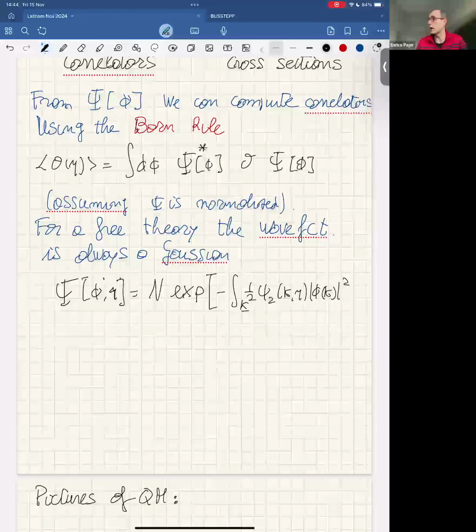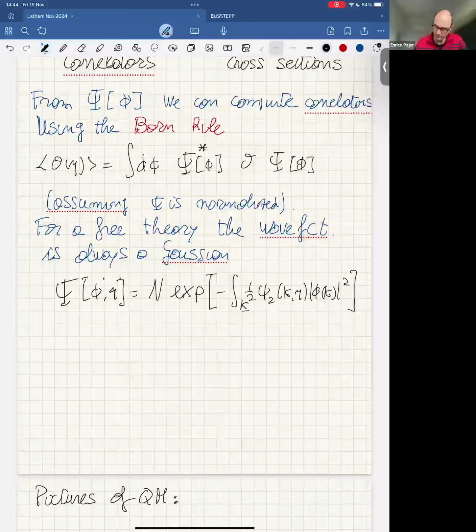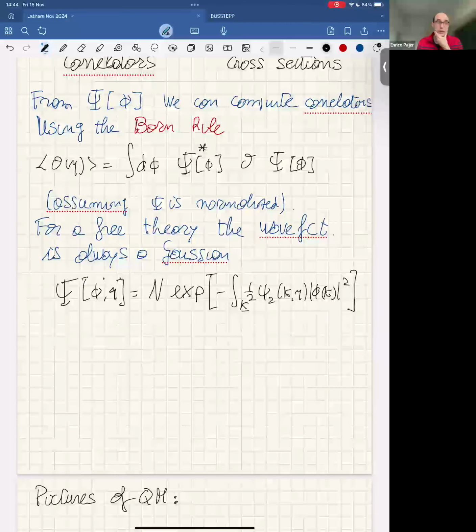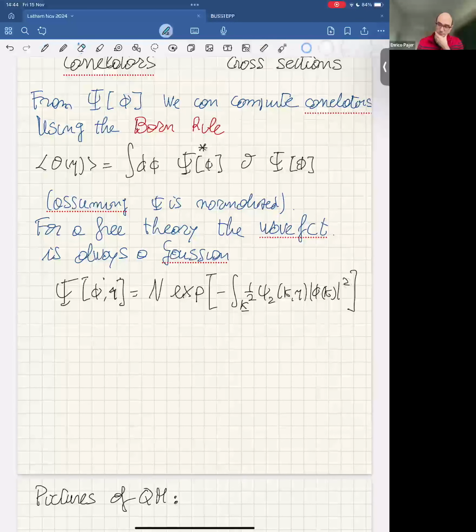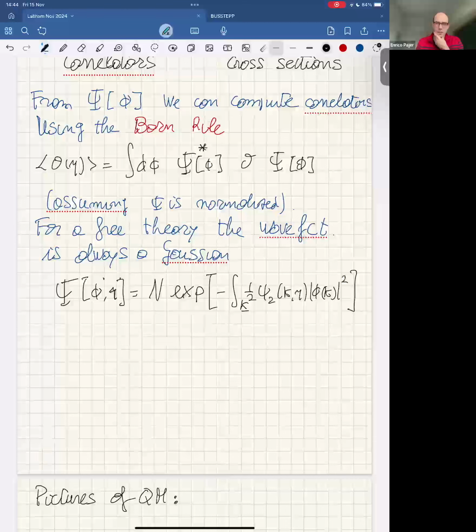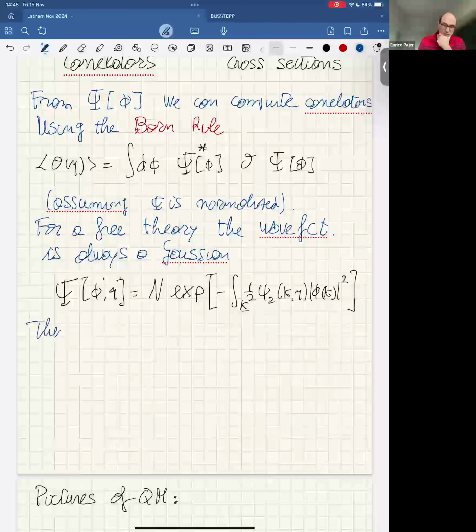And I'm going to put a 1/2 normalization to this. So for every free theory, this is always the wave function, just e to the minus phi squared.